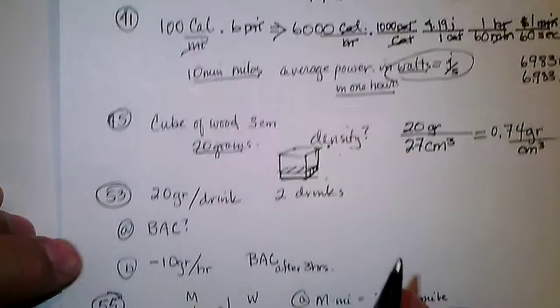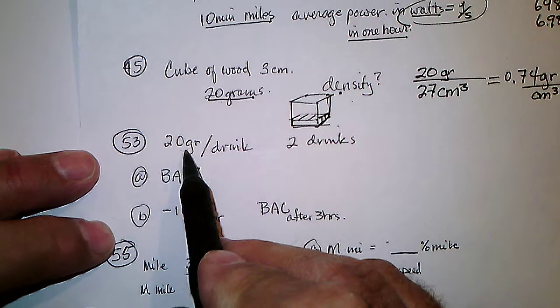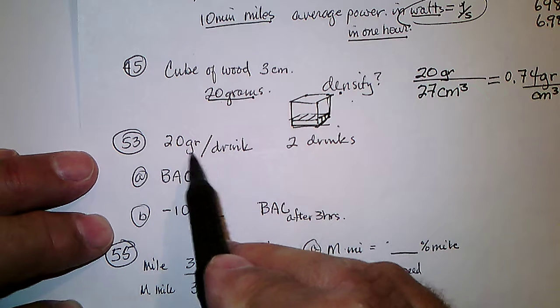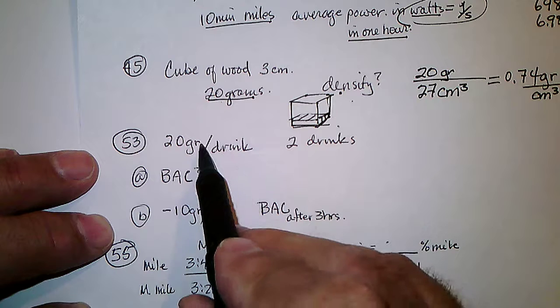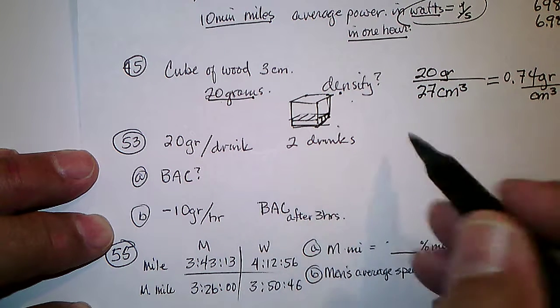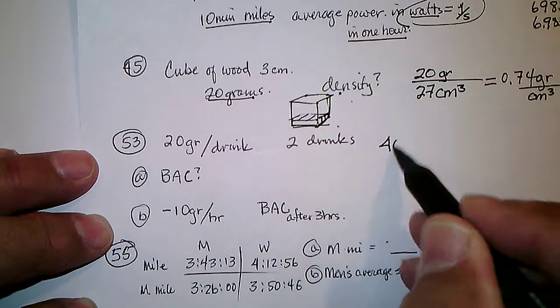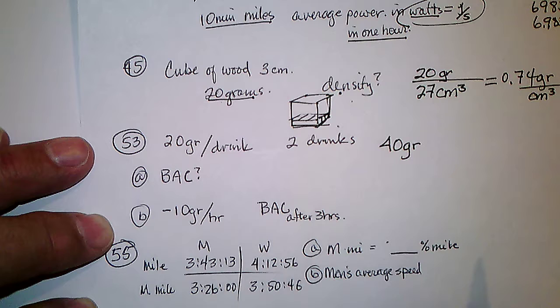Okay? 53. So in this one, a lady is drinking glasses of wine, and each glass has 20 grams of alcohol per drink. She drinks 2 drinks, so she's going to have 40 grams of alcohol in her.